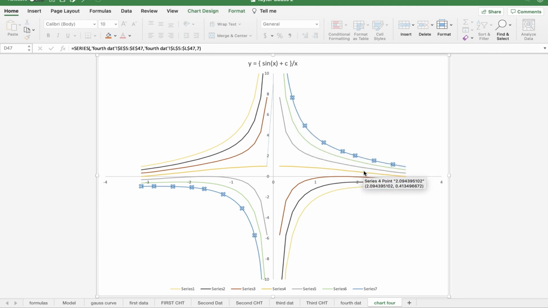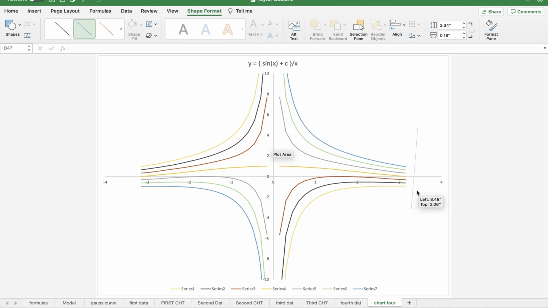So again, it looks a bit like hyperbolic curves, but you have that interesting aspect here, where you got a discontinuous break when you have c equals 0.